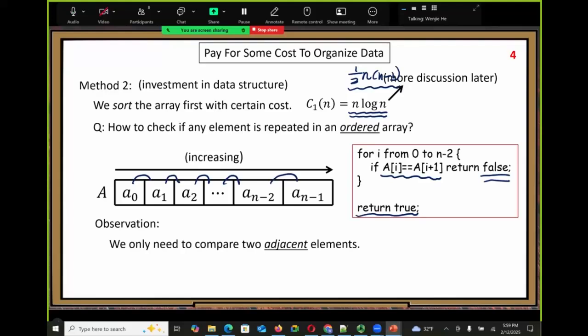In this way, you can count how many comparisons we need. It's simple, because you only compare adjacent pairs. So how many comparisons do you need? How many adjacent pairs can you find in this array?